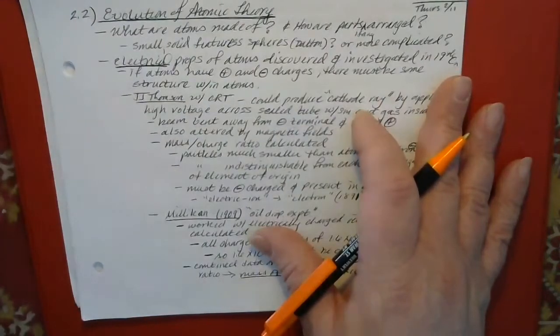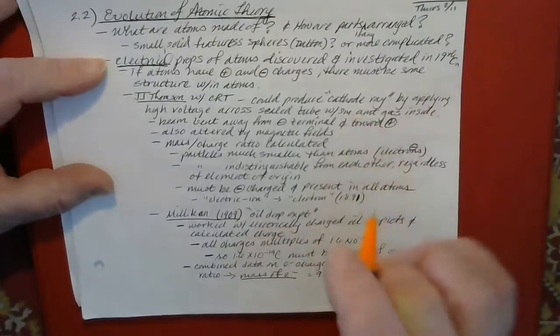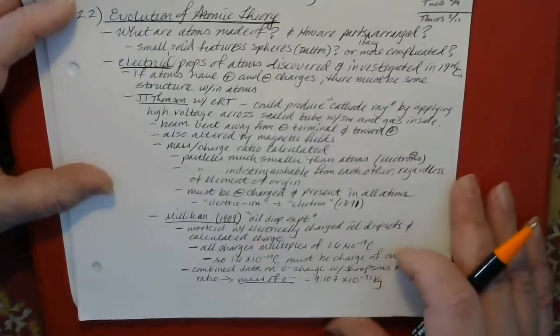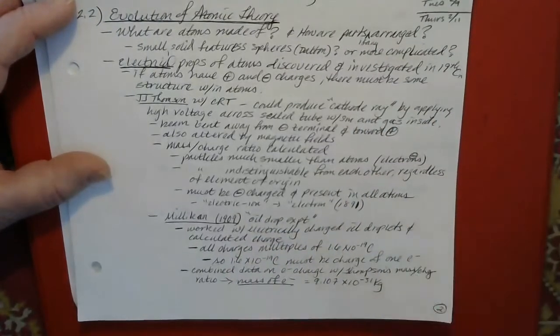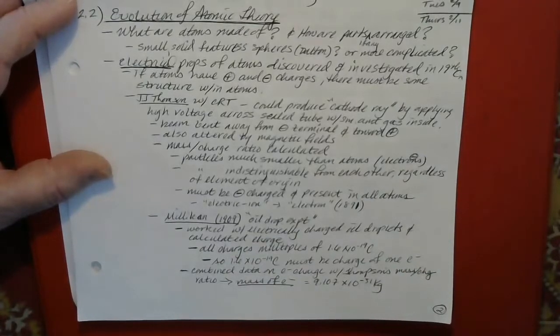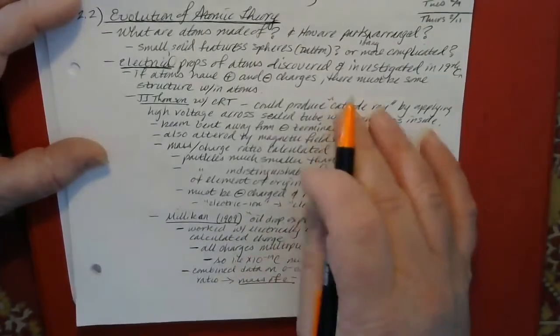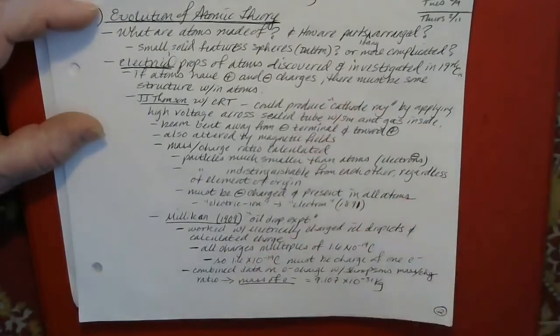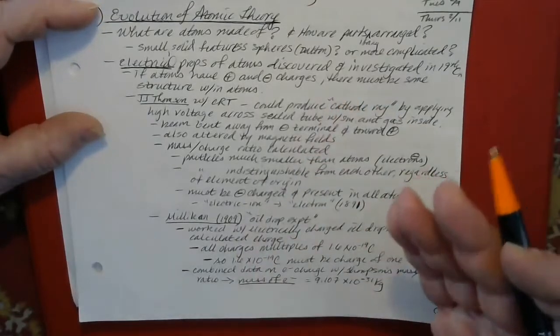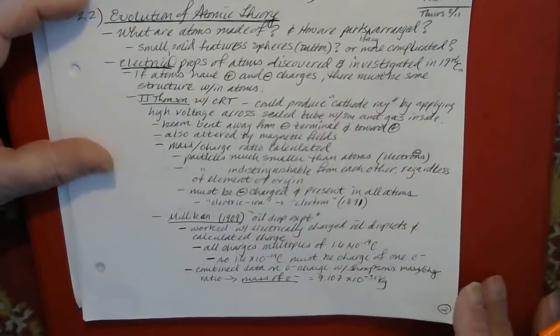thanks to Aristotle. But Dalton's theory, while he got a lot of it right, he didn't get everything right. Dalton didn't believe that there was any kind of internal structure to atoms. He thought that they were just sort of featureless little spheres, like billiard balls. He didn't know that there was any electrical charge involved in atoms and that kind of thing.